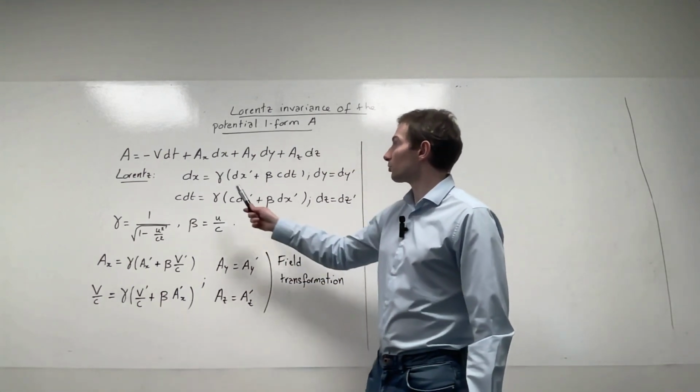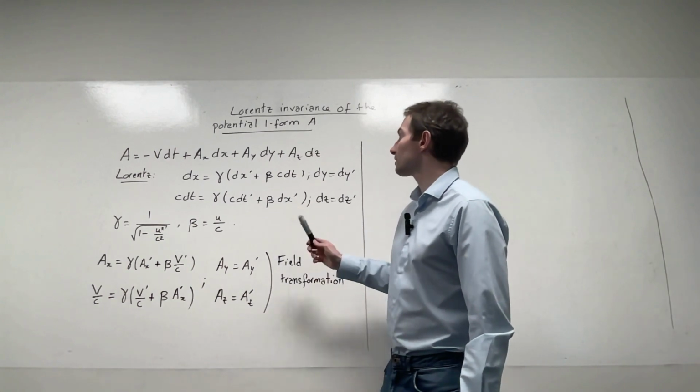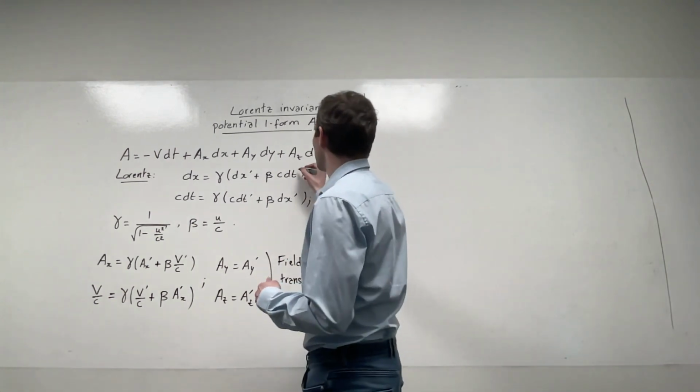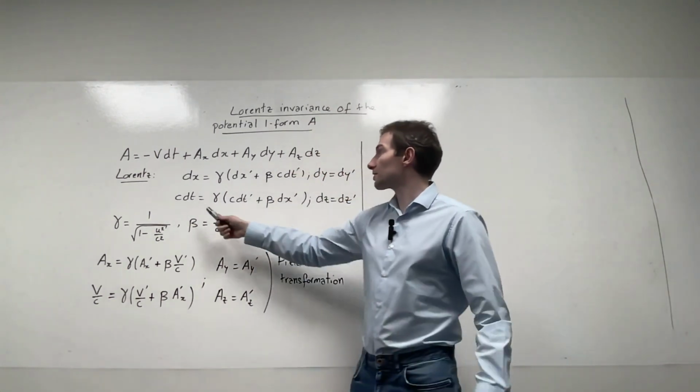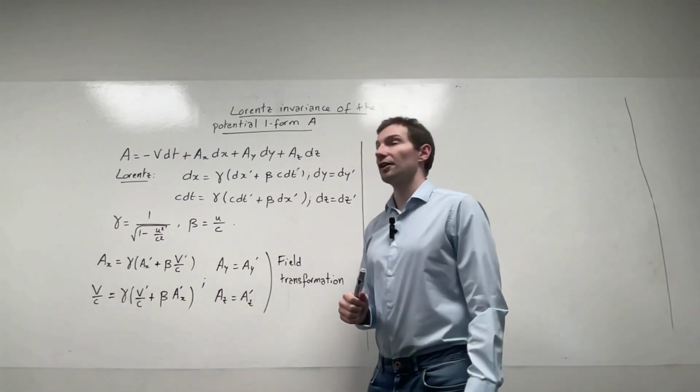You're going to have dx equal to gamma and then dx prime plus beta cdt prime. And then here cdt is equal to gamma and then cdt prime plus beta dx prime.